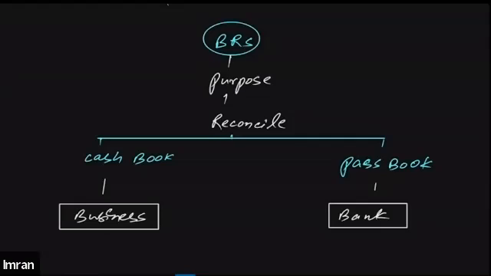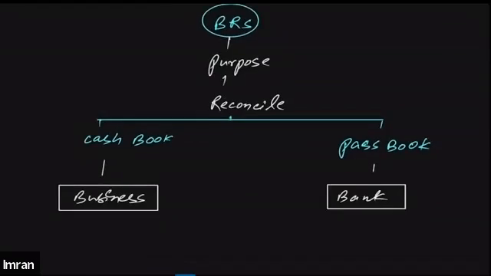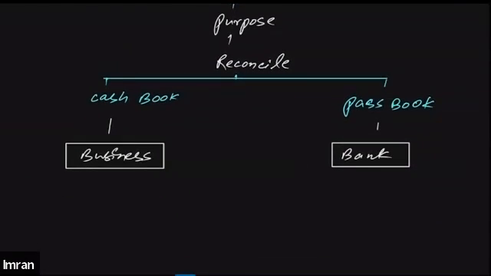And similarly, whatever transactions take place, owing to which cash is flowing into the business or going out of the business, such transactions are also recorded by the business in the cash book. So basically, transactions are recorded in the passbook and the cash book as well. But the cash book is maintained by the business, and the passbook is maintained by the bank.